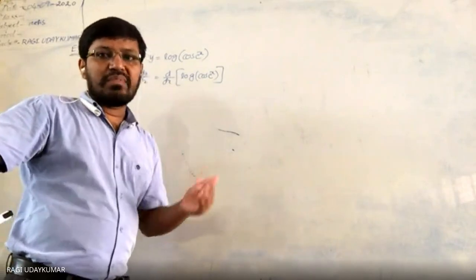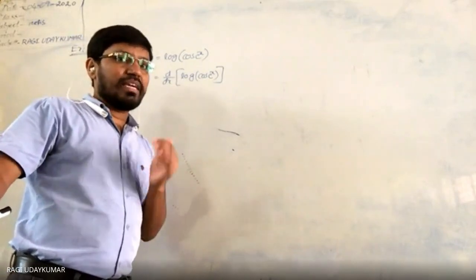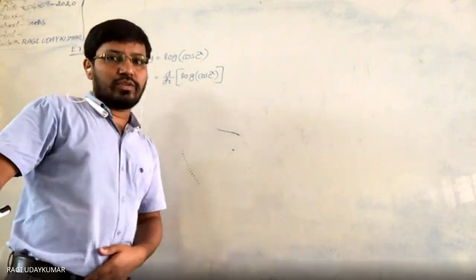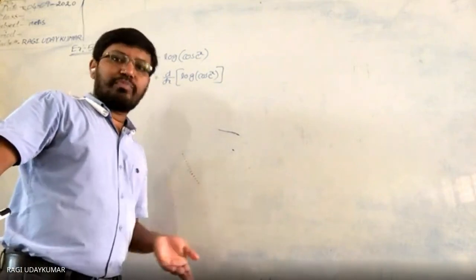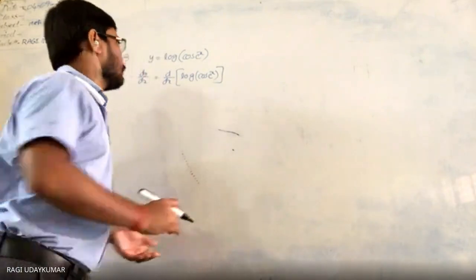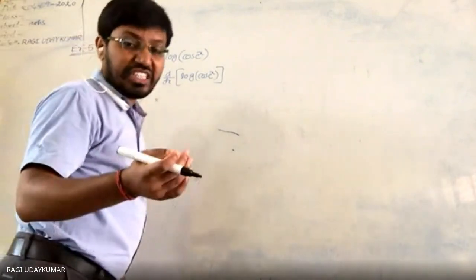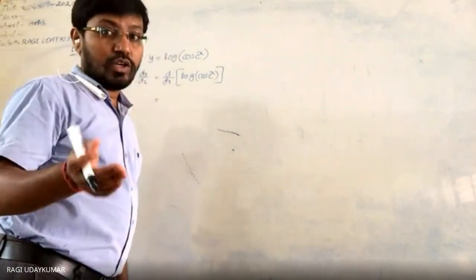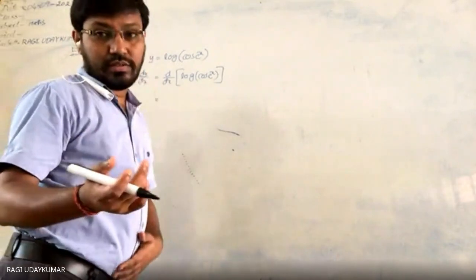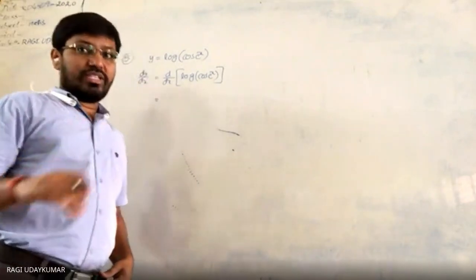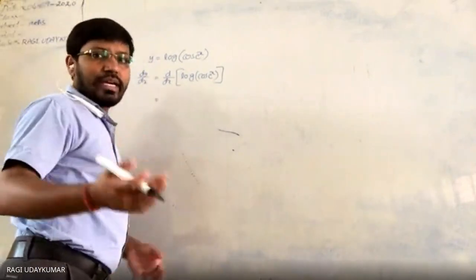In your physics and chemistry, or in another book, you will see that the representation to the base e is given as ln x, and to the base 10 will be mentioned separately. What is the differentiation of the logarithm of x to the base 10? You try for that also. What do you get? Think about it. I'll explain to you later, but you think about it.